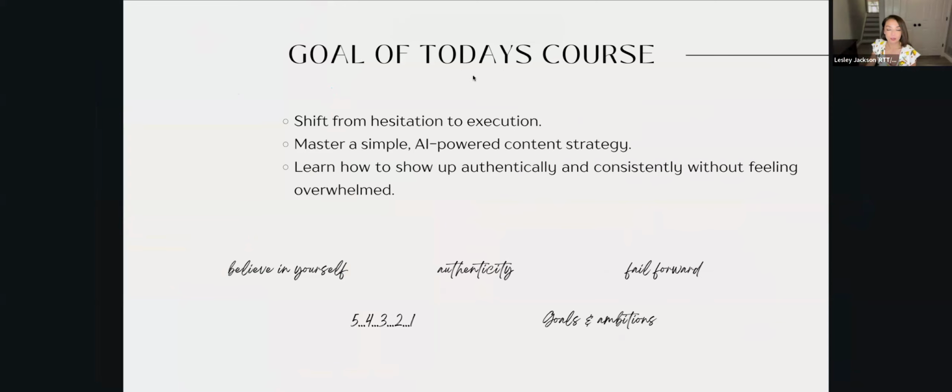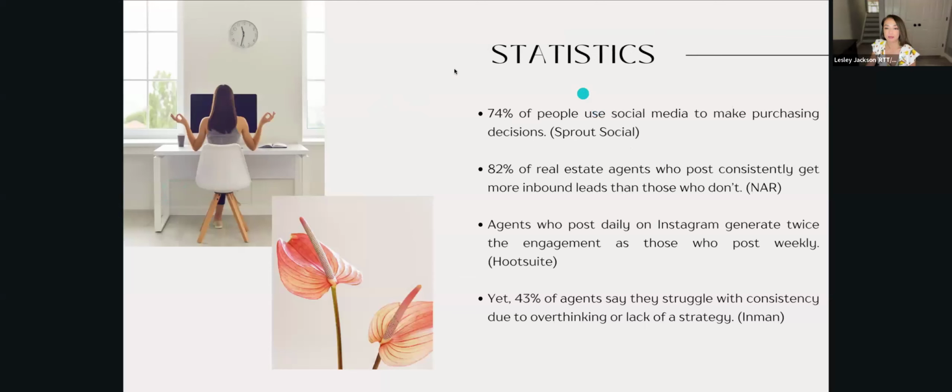And if it's you, now's the time to step in and lean into the social media world because it is gonna give you more leads. Remember these stats. 74% of people use social media to make purchasing decisions. 82% of real estate agents who post consistently get more inbound leads than those who don't.